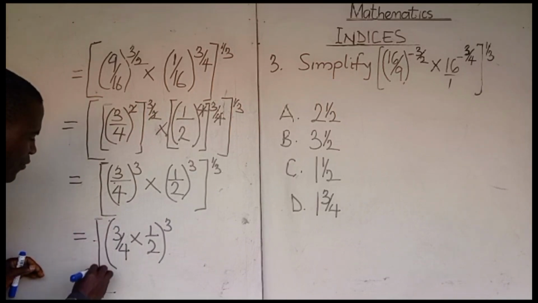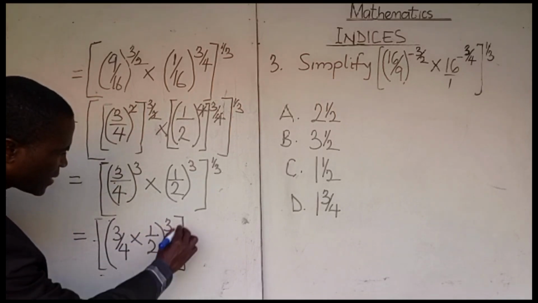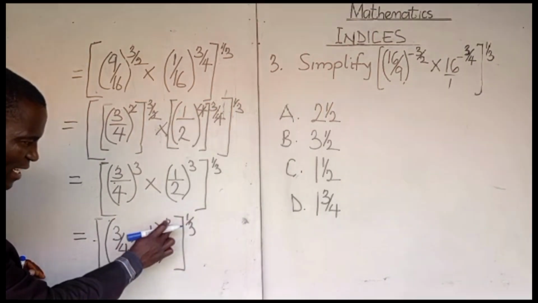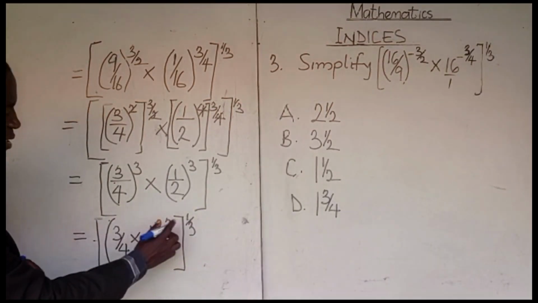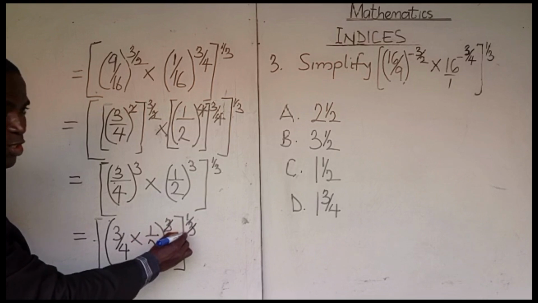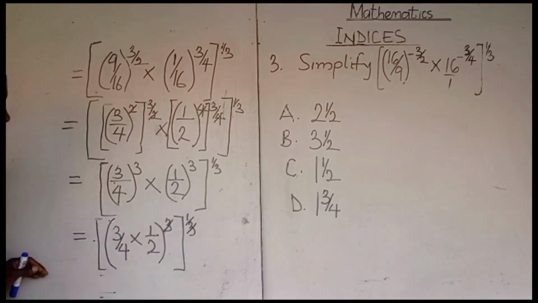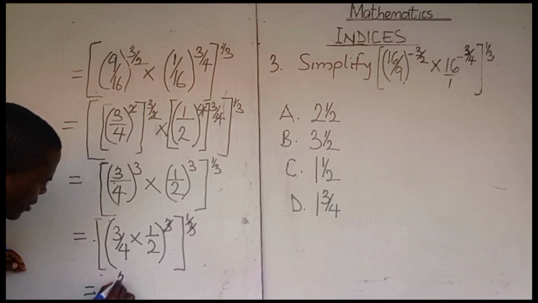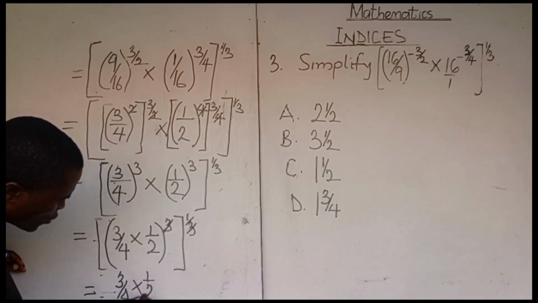Then we have the final 1 over 3 here. This 3 that is here can knock out this one. And then we have this knocking out stage. In the final analysis, we are going to have 3 all over 4 times 1 all over 2.